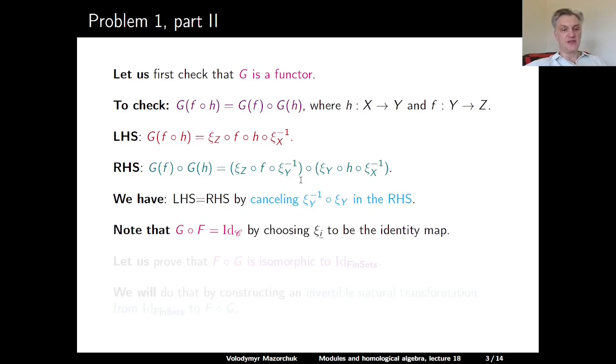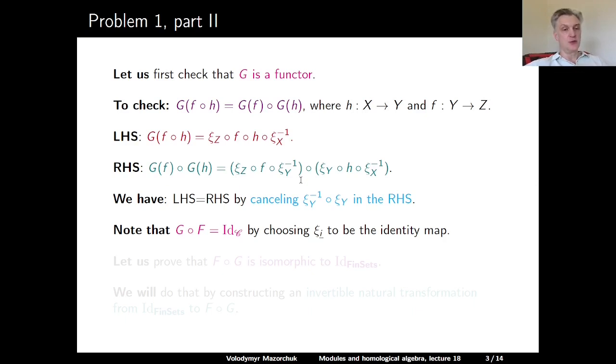Note that the fact that G after F equals the identity functor on C follows directly if we choose psi sub I underlined to be the identity map on I underlined.